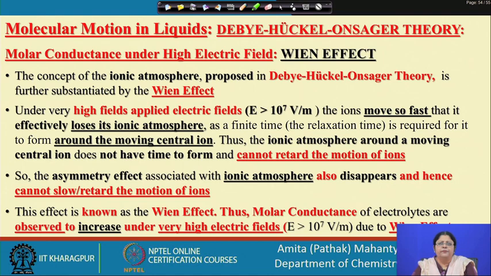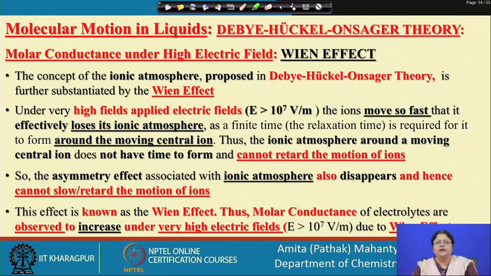along the central ion. That is the reason why, if you are pulling the central ion towards the electrode, then the ionic atmosphere previously has not decayed, and in the front it is not completely formed. If this is the condition, you see the decay also takes time and the formation of the ionic atmosphere also takes some time. This time is known as the relaxation time.